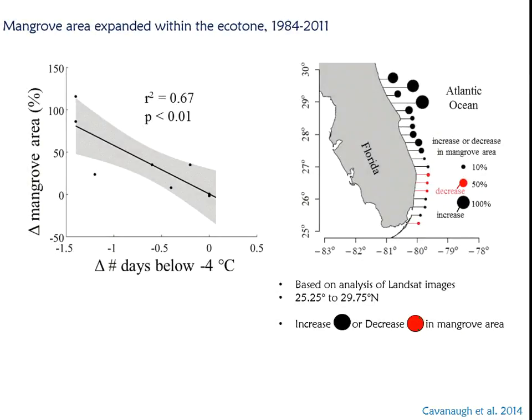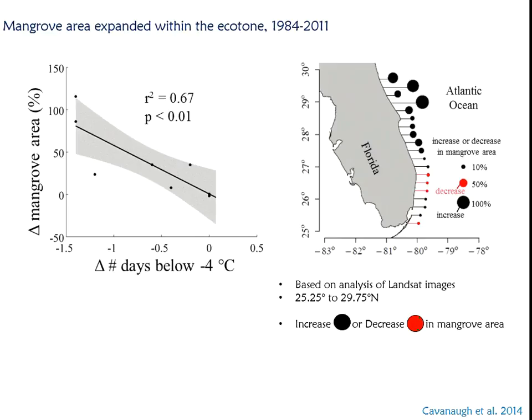We tried to come up with a measure of this rate of change that's happened. My postdoc, who has gone on to having a proper job, did a remote sensing study. He pulled together Landsat images from 1984 to 2011, analyzed all these systems, and put it together with plant responses to different temperatures.